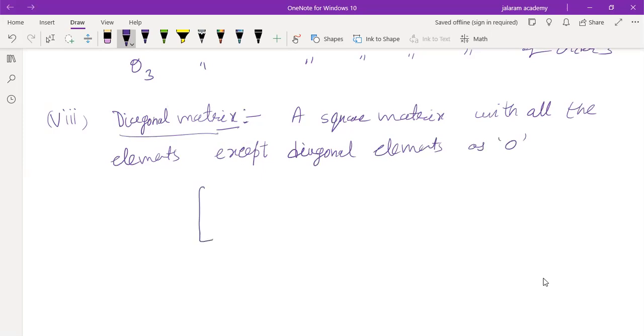Means it must be a square matrix. A, B, C, like this. It is also denoted by diagonal ABC. Diagonal ABC means all the elements except diagonal elements are 0.